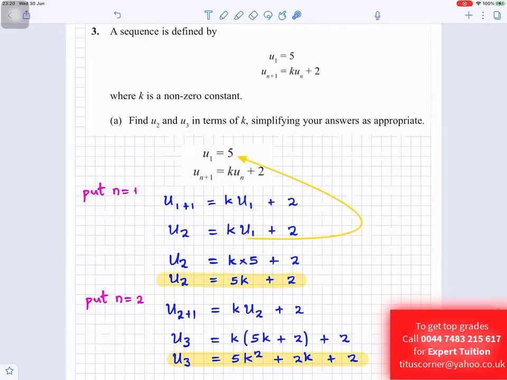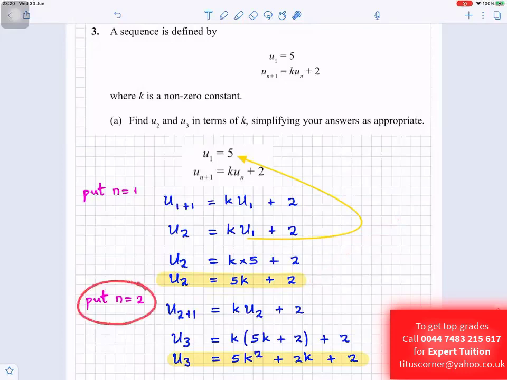Do we know what u1 is? u1 is 5, so we replace u1 with 5. So u2 is k times 5 plus 2. That means u2 is 5k plus 2. We always put the number in front.